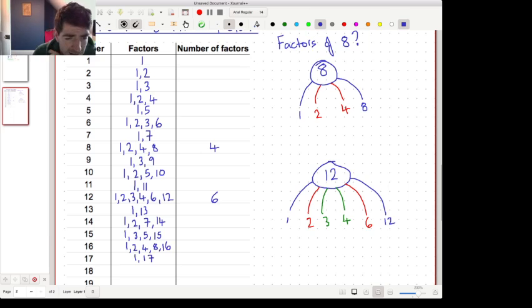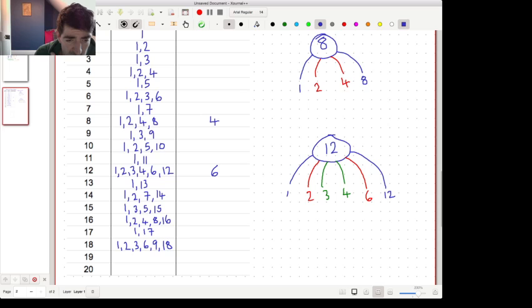16 is 1, 2, 4, 8 and 16, 17 is just 1 and 17, 18 is 1, 2, 3, 6, 9 and 18. Check that you didn't miss any of those out. 19 is just 1 and 19, and 20 is 1, 2, 4, 5, 10 and 20.